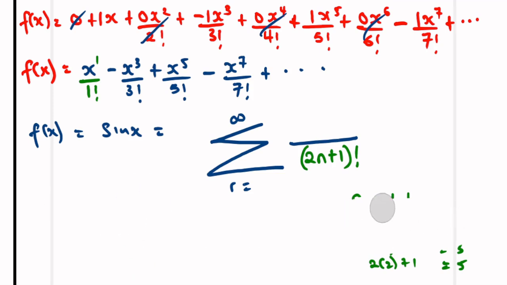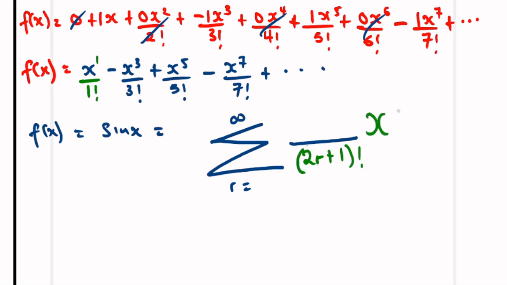So the power of x is also going to be in the odd form. Sorry, we should be using r here, so don't mind that I used n there. So 2r plus 1 factorial. Okay, so the power of x is going to be 2r plus 1 because the x is also in odd terms. The next thing is the sign, it's alternating.